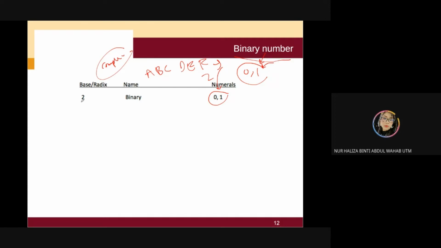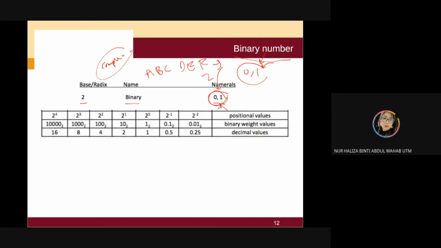Okay, now back to our numbering system. We have base 2 or binary. We will apply only 0 and 1 in our representation of numbering. So it's still going to be similar. Over here, this is a binary weightage.